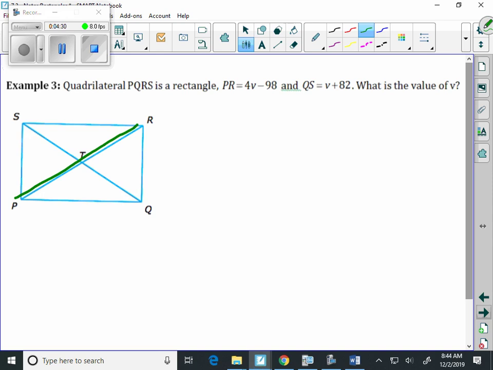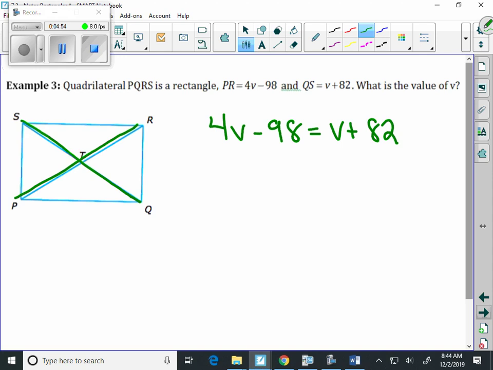And QS equals V plus 82. And if you remember from the front side, what we said about diagonals of rectangles is diagonals of rectangles are congruent. So what we can do is set 4V minus 98 equal to V plus 82.